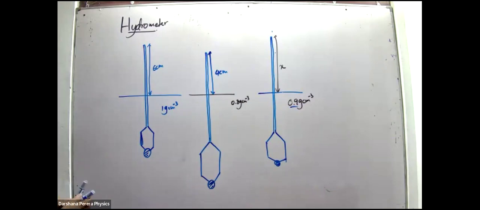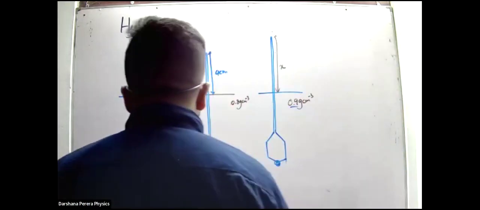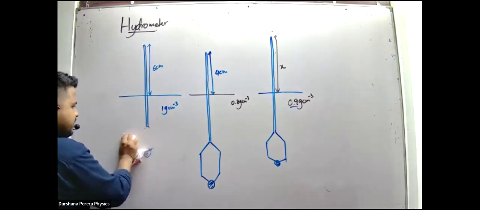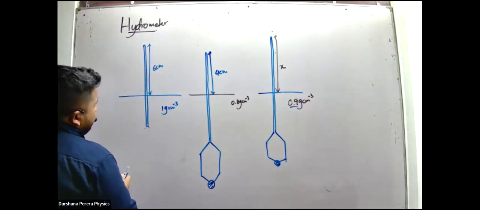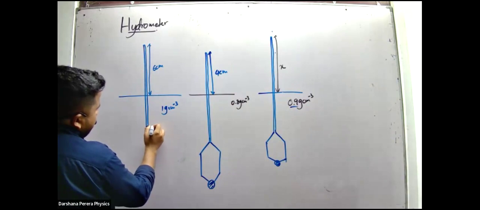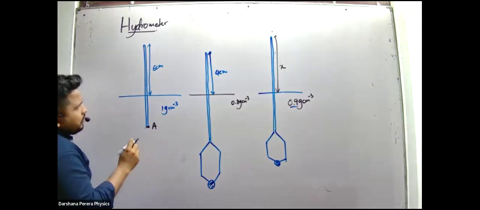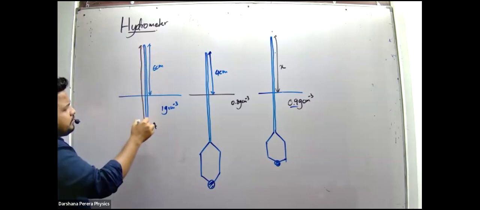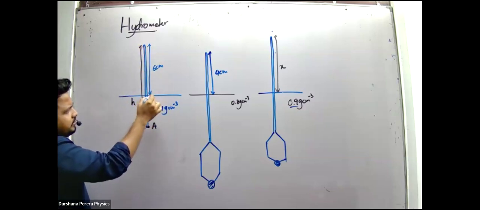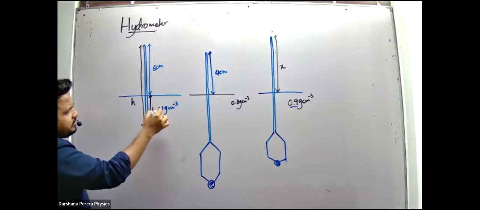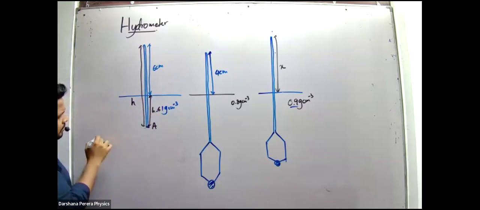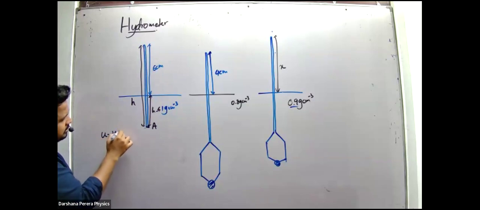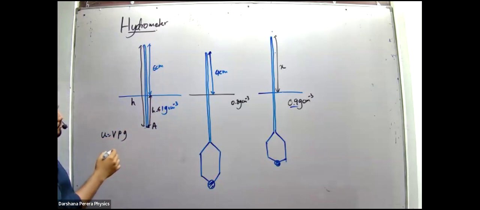We can take this one like this, not considering the bulb. So I will consider there is area A. I take the total height as h. So this one is h minus 6. Upthrust U equals V rho g, and also U equals mg.